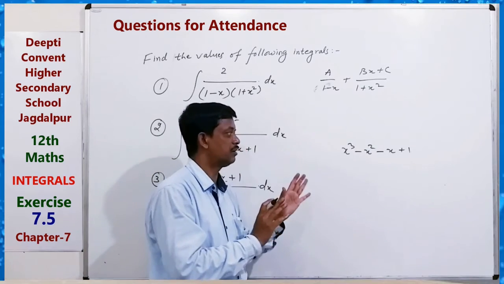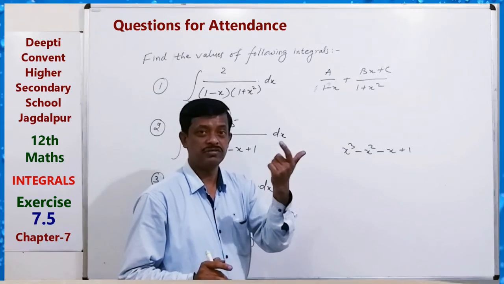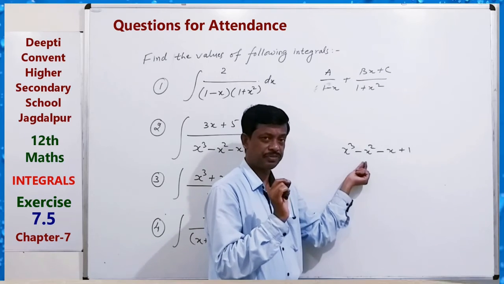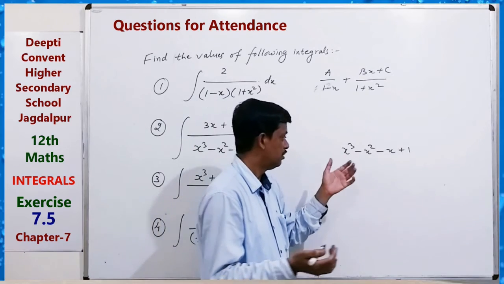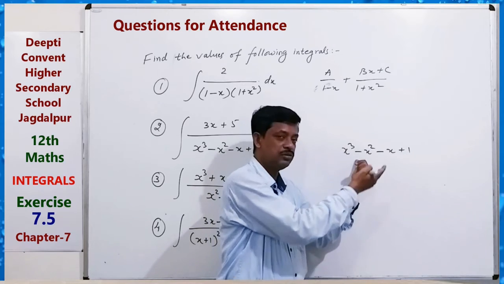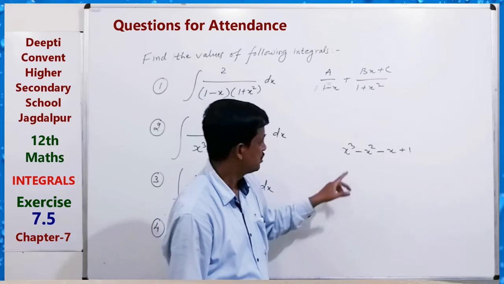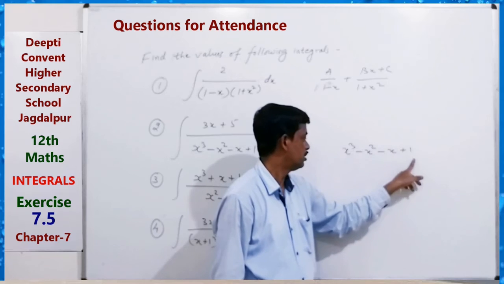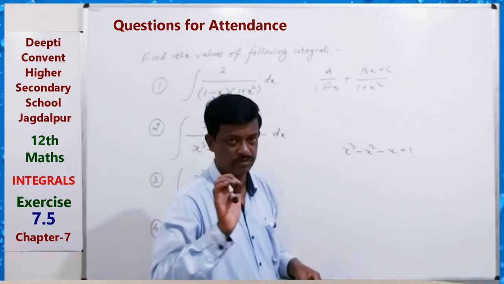So for factorization, first guess one zero of this polynomial. Zero means put some value of x and the result should be equal to 0. If putting x equals a in this polynomial we get 0, then x minus a is a factor. Here x minus 1 is a factor, because if we put x equal to 1, we get 1 minus 1 minus 1 plus 1, which is 2 minus 2, 0.